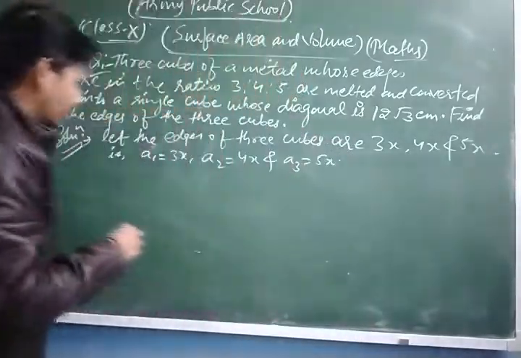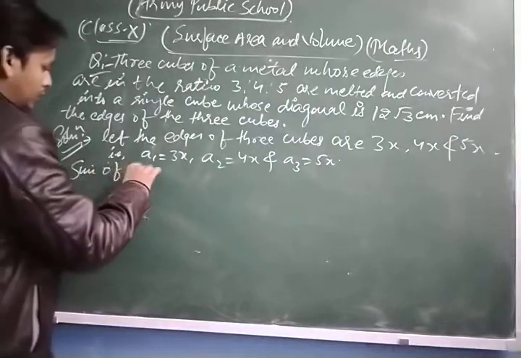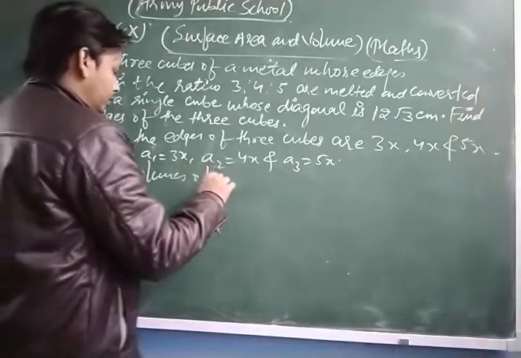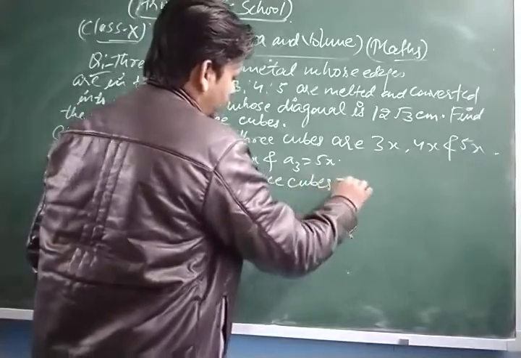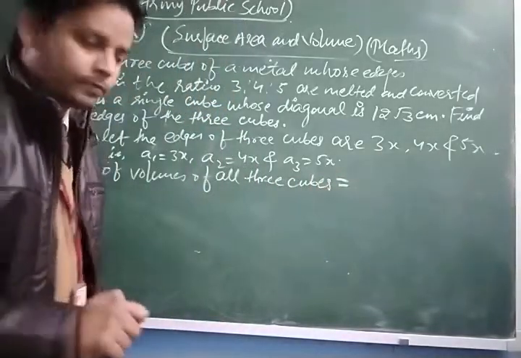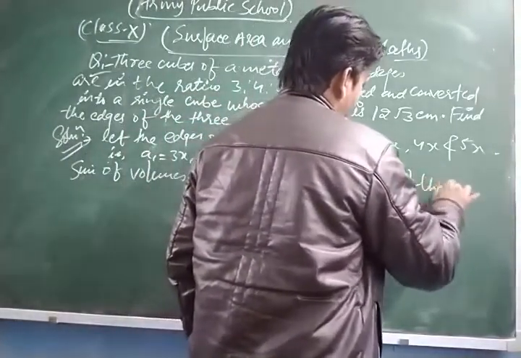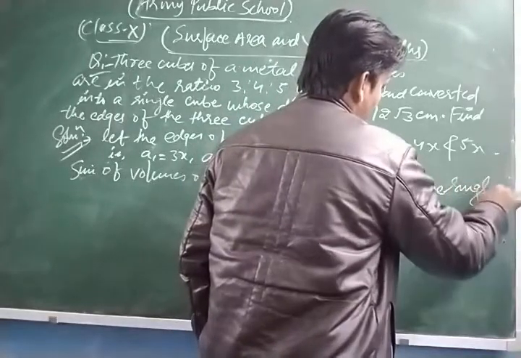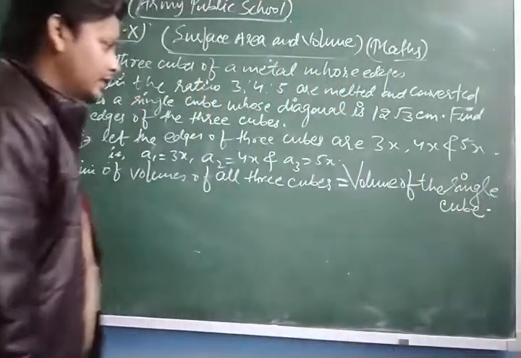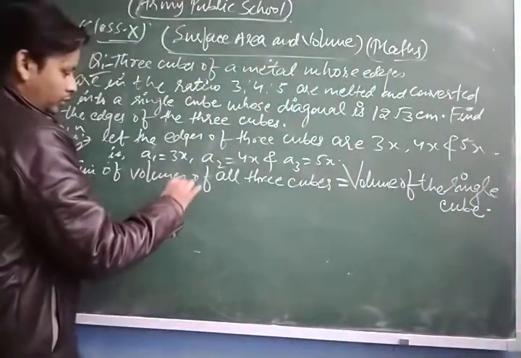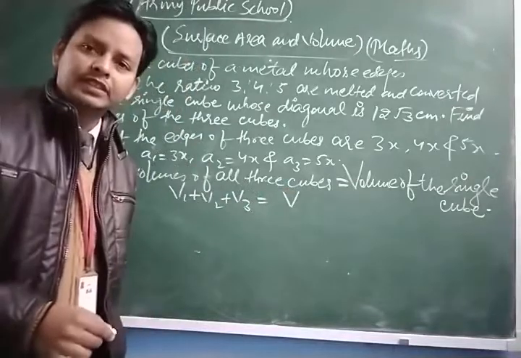That is V1 plus V2 plus V3 is equal to V, the volume of the single cube.